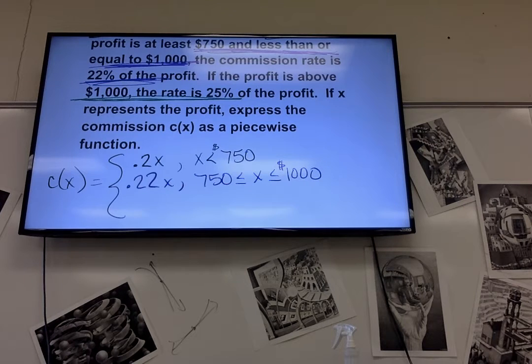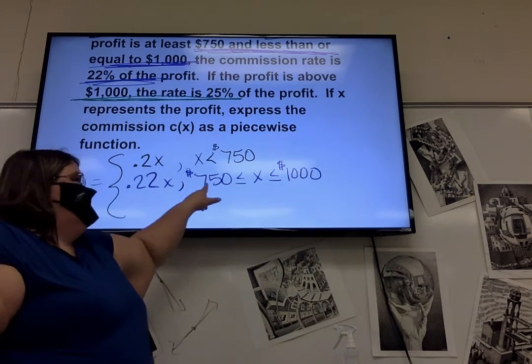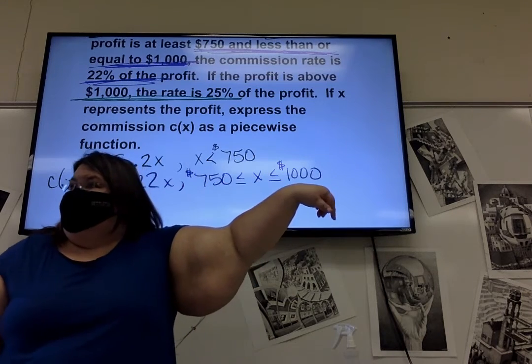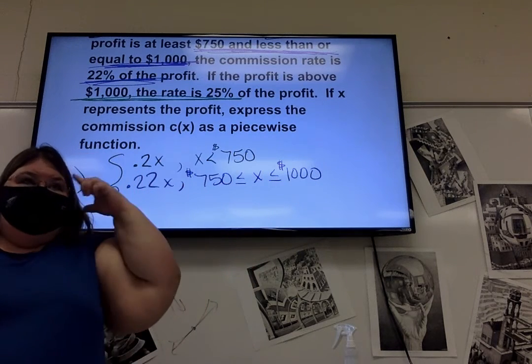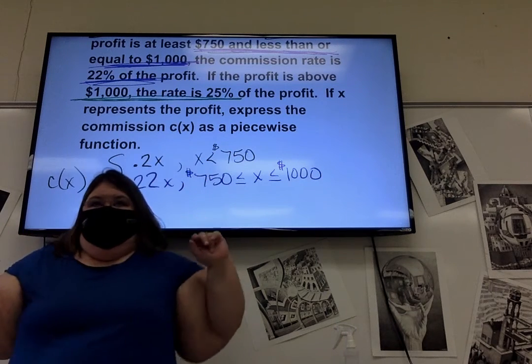So we put X between 750 and 1,000. Now, if you didn't write it all math fancy like this, and you wrote out that X is between 750 and 1,000, I would take that. I just want to know that you understand what's going on. I don't care if you can write it out all mathy.